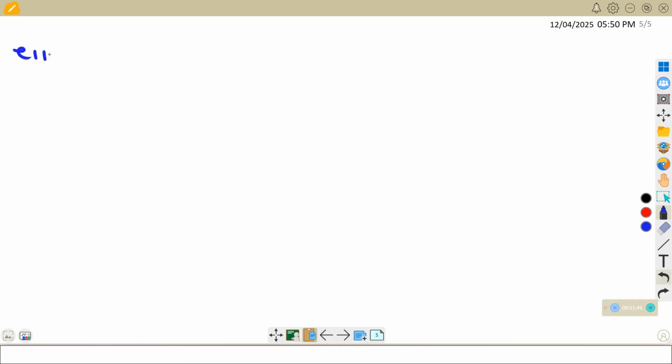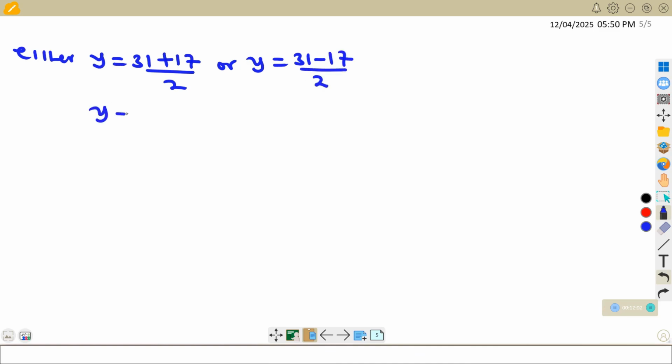So either y will be 31 plus 17 divided by 2, or y will be 31 minus 17 divided by 2. So this will give us 48 divided by 2, which is 24, or y will be 31 minus 17, that is 14, divided by 2, which is 7.